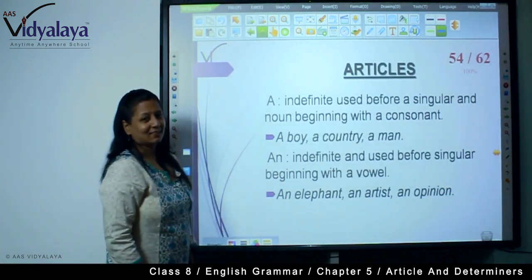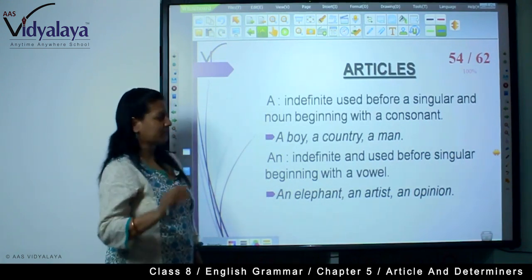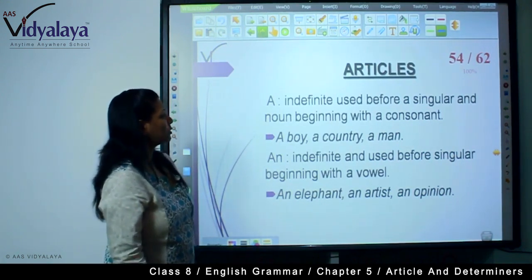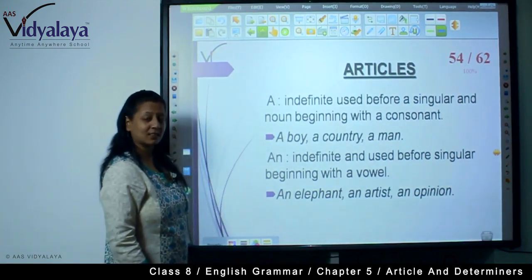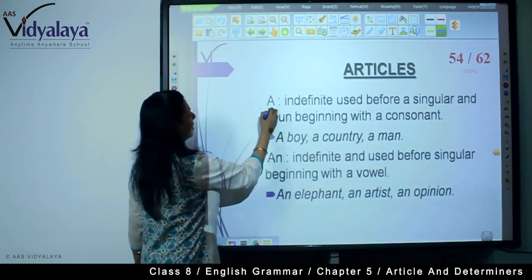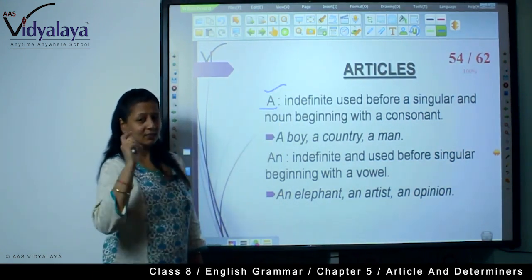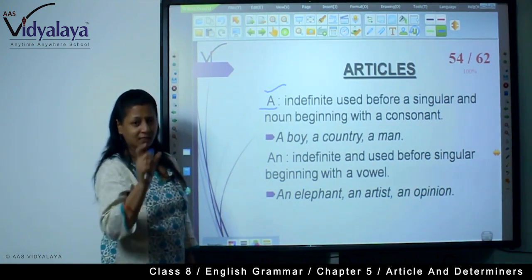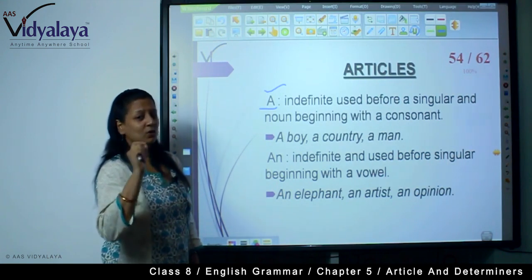Now the articles. As you have seen articles, so I am explaining. Indefinite article a is used before a singular noun beginning with a consonant. See, a is used, and this is an indefinite article. It is used before a noun that starts with a consonant.